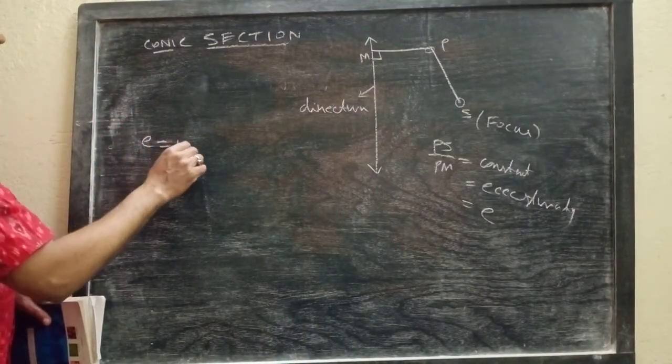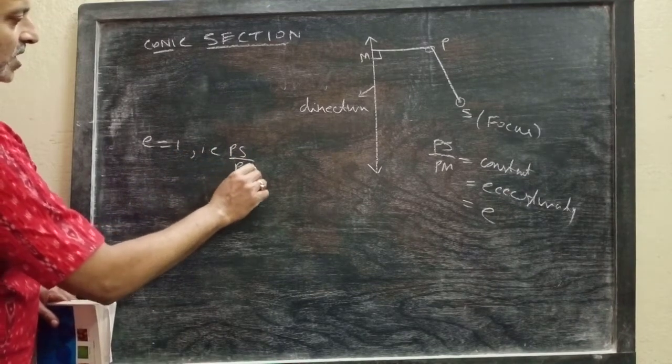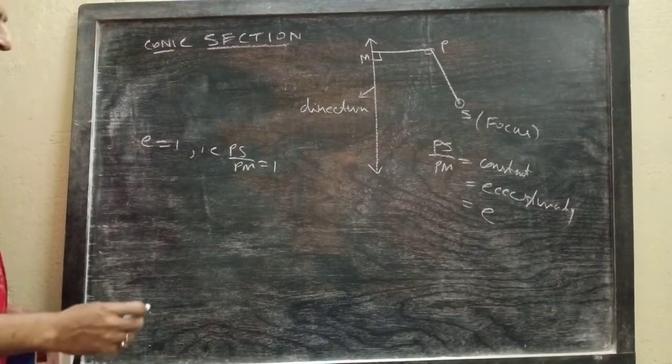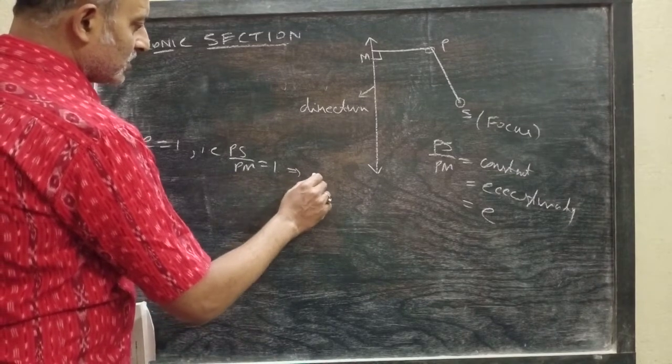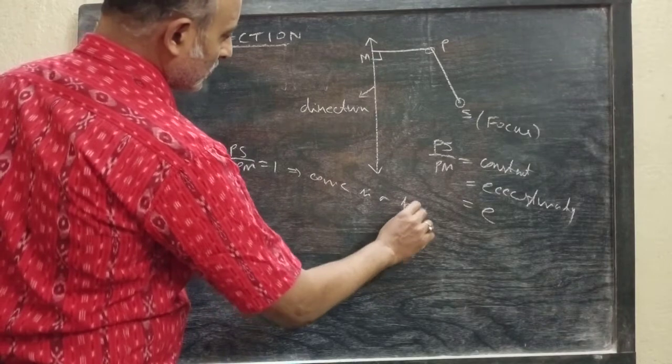When this ratio e is 1, that is PS by PM equals 1, that is equal distance from the fixed point and from the fixed straight line, then the conic is a parabola.